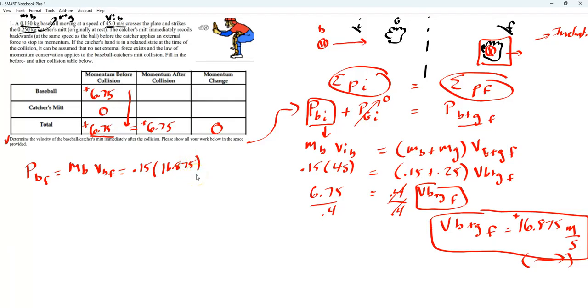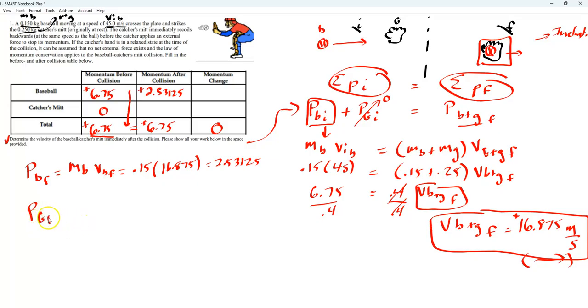So 0.15 times 16.875 is 2.53125. I'm going to write out all the numbers because they're going to be useful. So it's still going to the right. If we don't write out the numbers, you might round a little bit, and it might change the answer and make it look like it doesn't conserve, but it actually does.